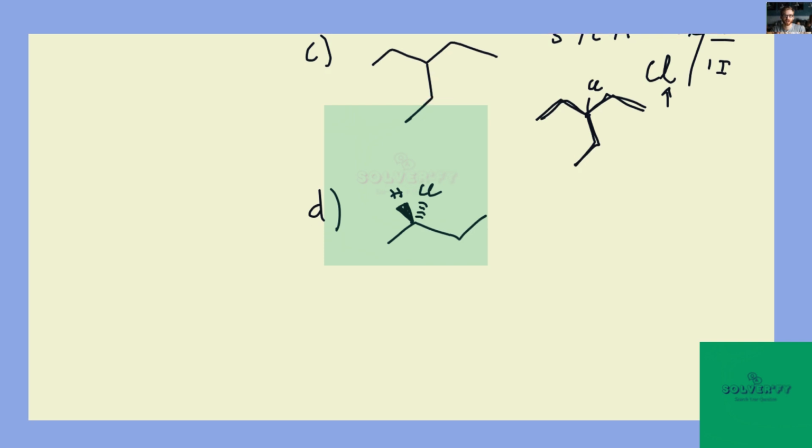And here we're looking at the stability then of an intermediate radical like this, or an intermediate radical like this. Which of them is preferable?